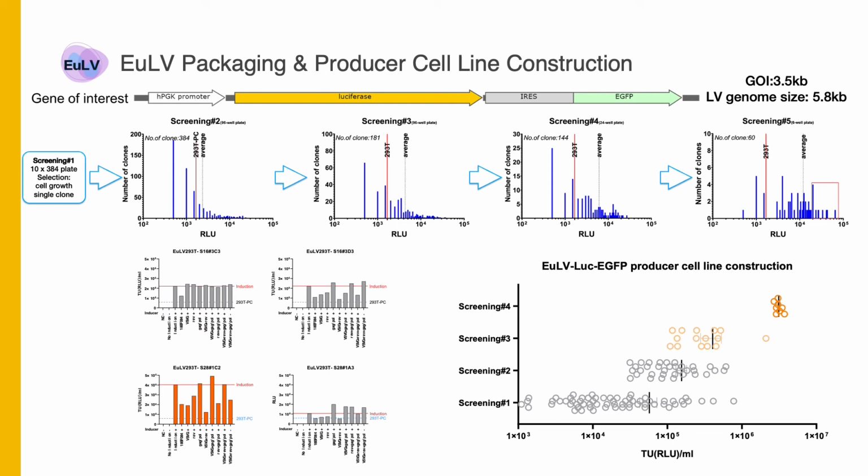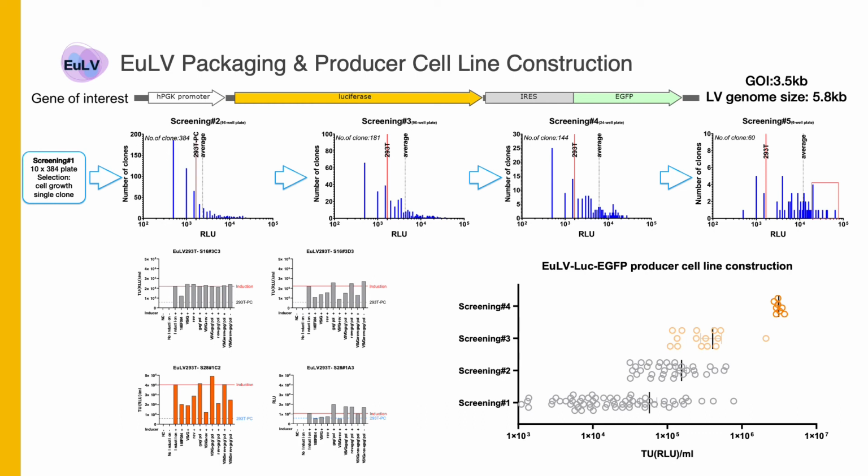The x-axis was the log scale of the luciferase unit in HT1080 after transduction, and the y-axis indicates the number of the clones. The red line is the positive control, which represents the transduction titer of the lentivirus produced by the transient transfection of 293T cells with 4 plasmids.